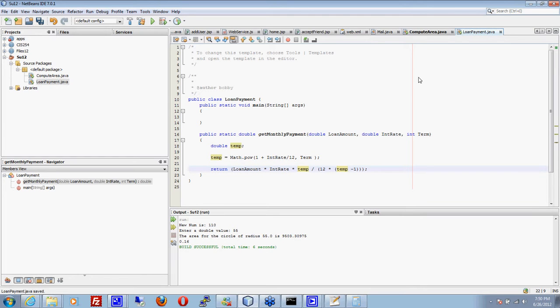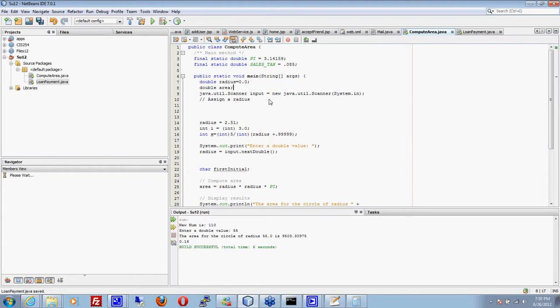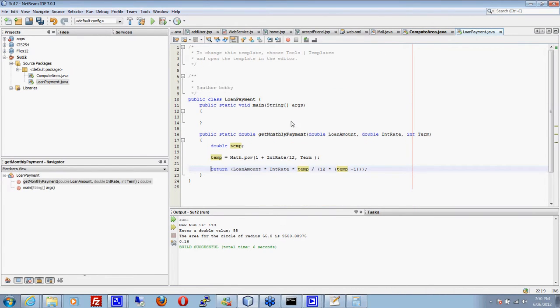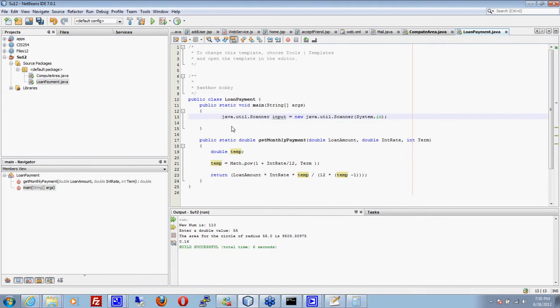So here's part of the problem we're going to have. Double. Enter a loan amount.